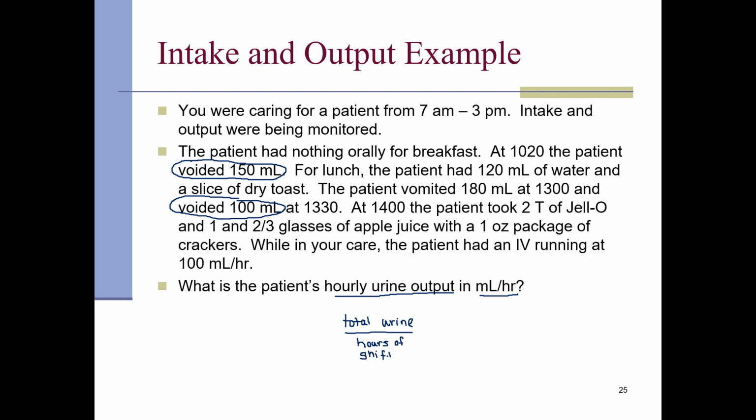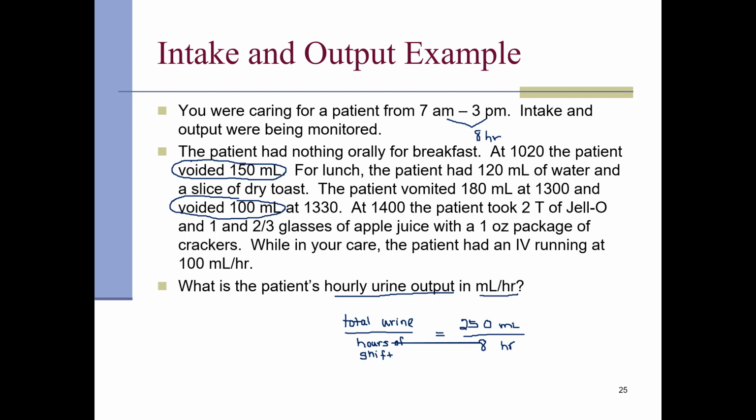And so what I want to do, add up my total urine, there is 250, so that I did by mental math because 150 plus 100. The hours of the shift we had noted before when we were doing intake to be an 8-hour shift, so divide that by 8 hours.